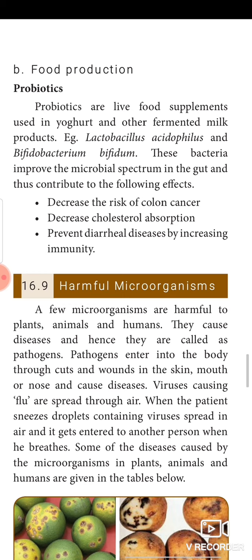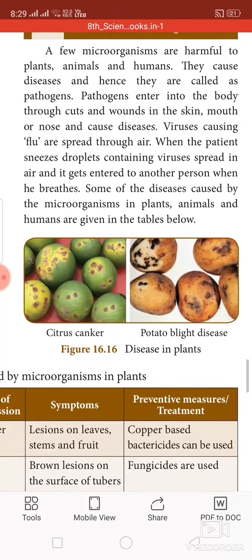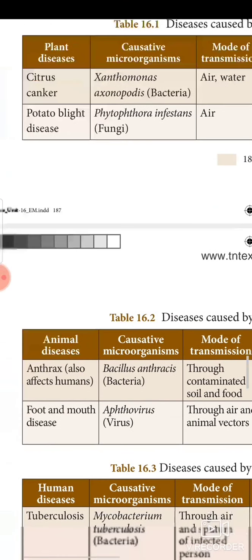So, harmful microorganisms. Even though the microorganisms are used in many useful ways, there are a lot of harmful effects of these microorganisms. So now we are going to see the harmful effects. Even though microorganisms are useful, they are harmful too. In your book they have given two tables, the harmful effects in plants and the harmful effects in animals.